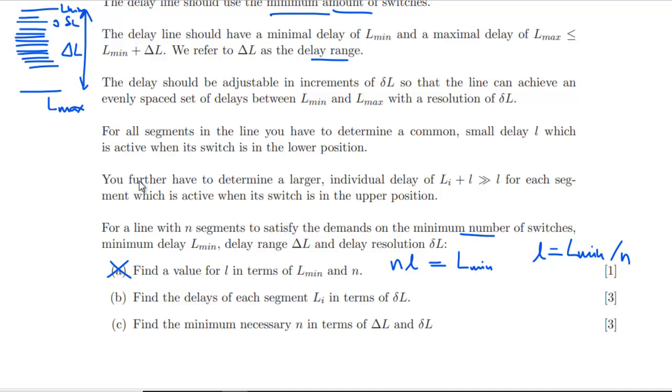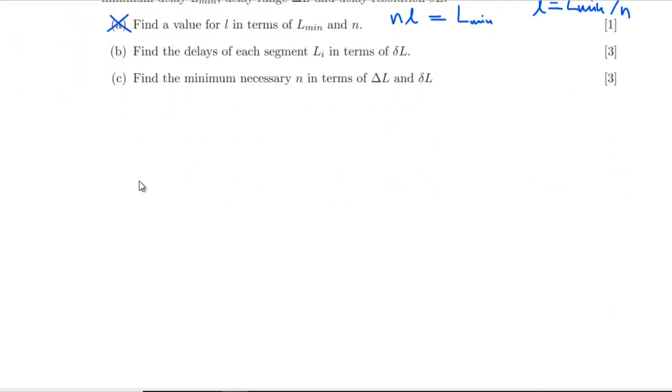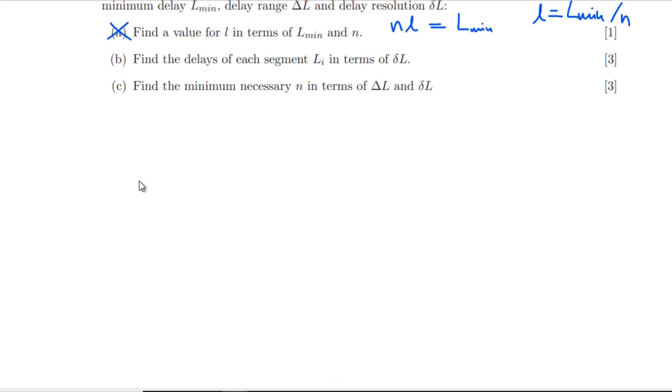Find the delays of each segment Li in terms of delta L. Right, that seems a lot more fiddly. Each segment Li in terms of delta L. Right, so let's just have a think again about what I was laying out.